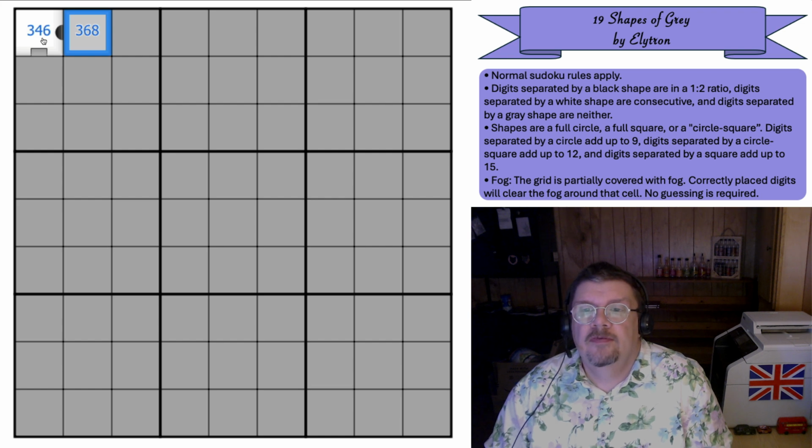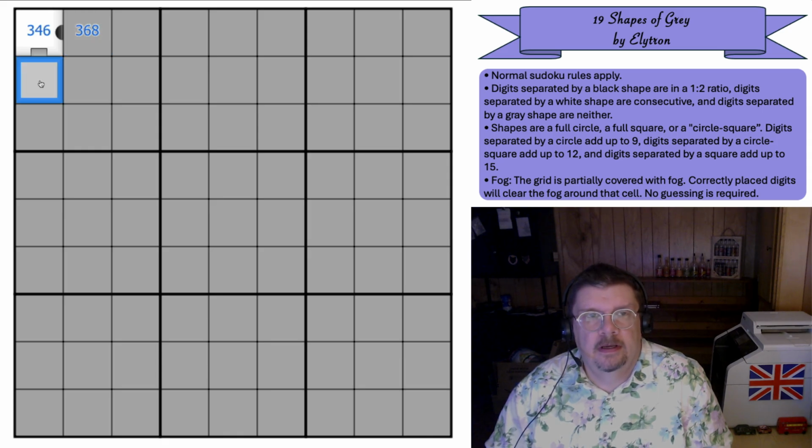So that can't be an 8, which means that can't be a 4. Okay, if this were 6, it can't add up to 12. So it would have to be a square, and these would add up to 15, and so this would be a 9.